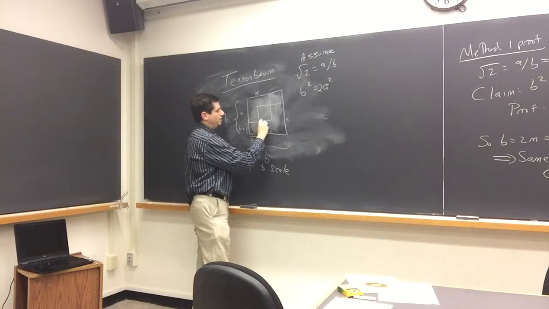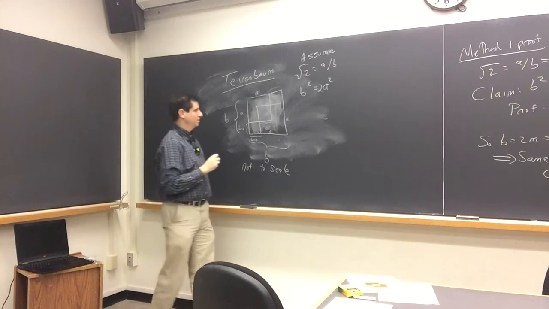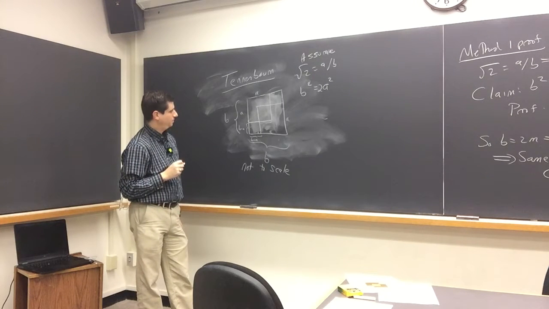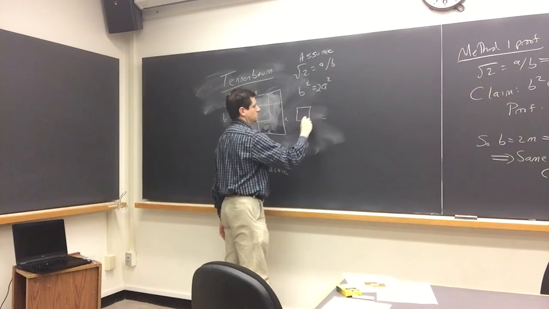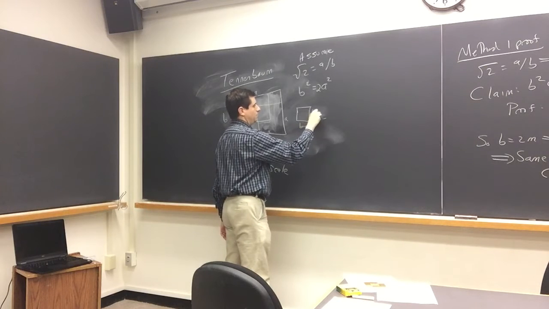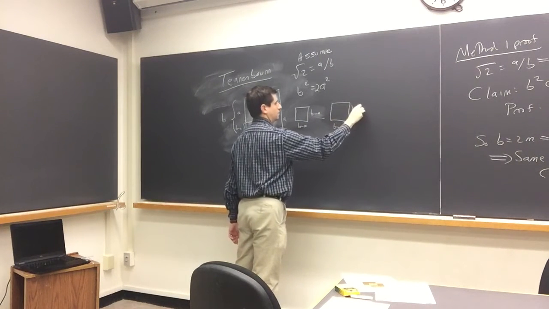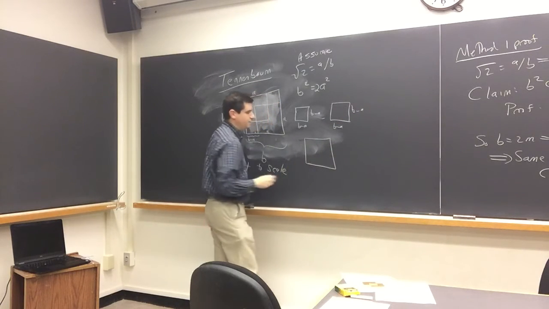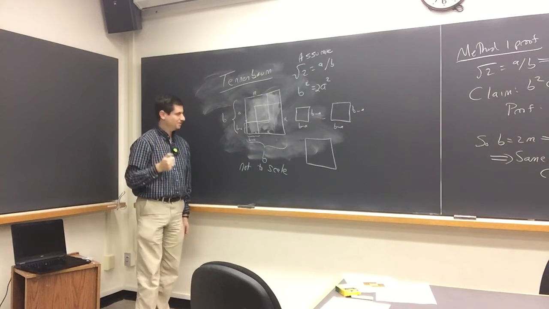What's the dimension of this over here? Okay, why 2a minus b? So we've got the two little ones like this. This is b minus a by b minus a, and we have two of them. And then we have a little bit bigger one. And we need to figure out what the dimensions are of this one. 2a minus b?